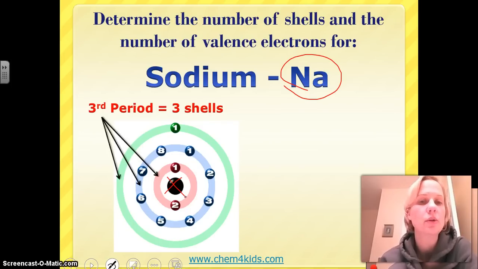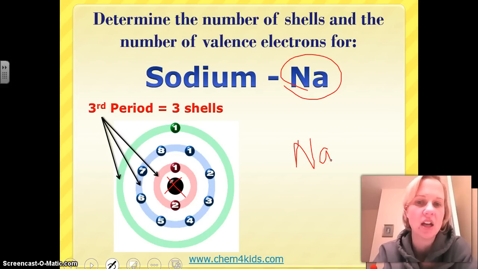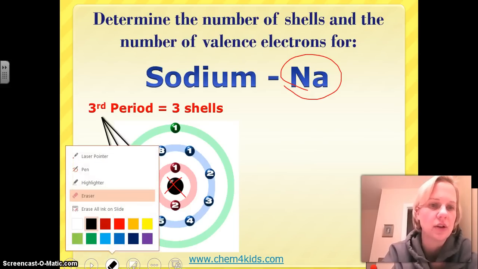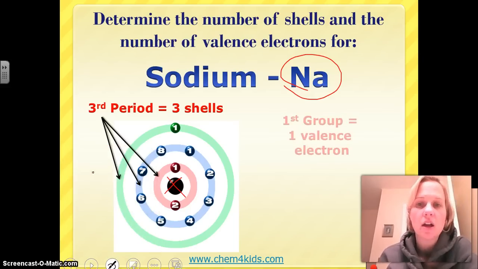So the first thing we do is we can draw out, and sometimes what you'll see, instead of a black circle like that, sometimes in class I'll just write the symbol Na, and that will represent my nucleus. That's up to you how you want to do it, but that's sometimes what I've done before, just because it makes it easier. Sodium is found in group 1.